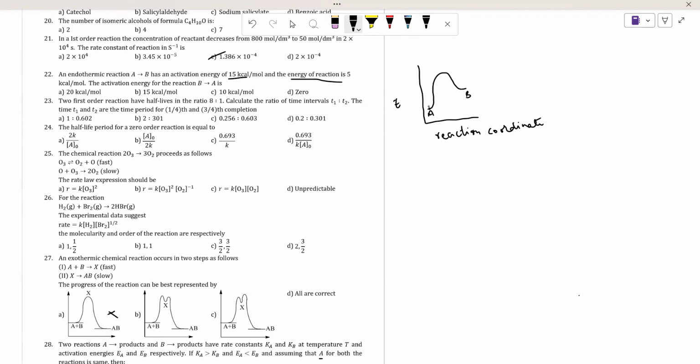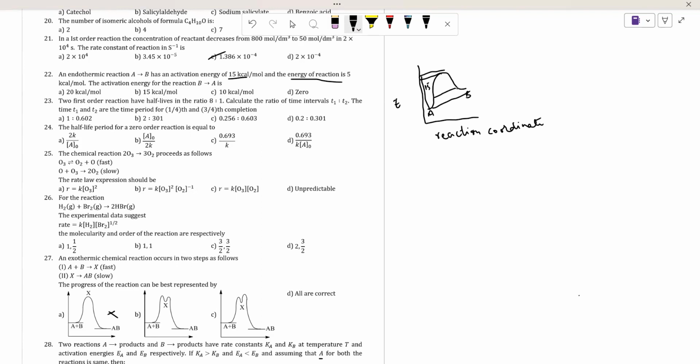Now what they have given is the activation energy of the forward reaction, that is this peak. How much is this? That is 15 kilocalories per mole, and they are also giving the delta H value. How do you determine delta H?